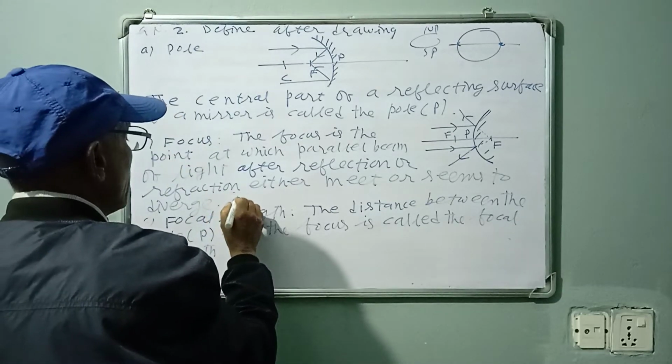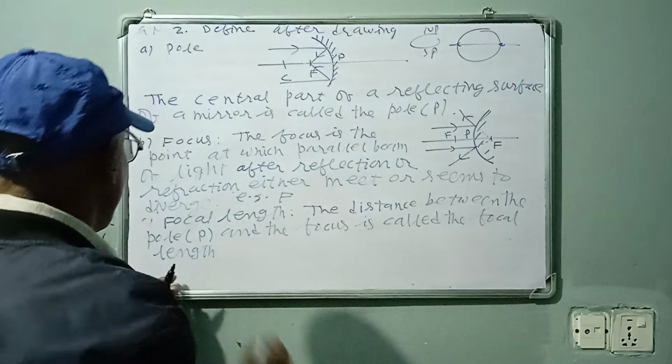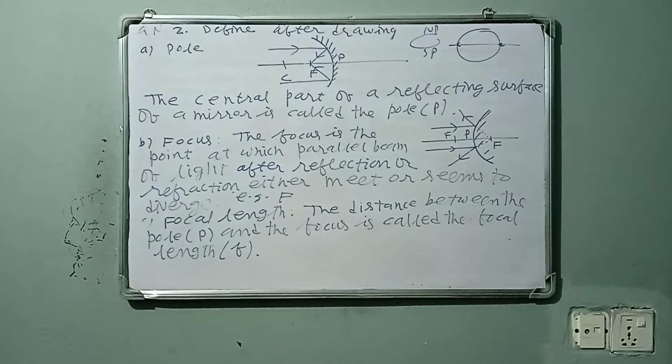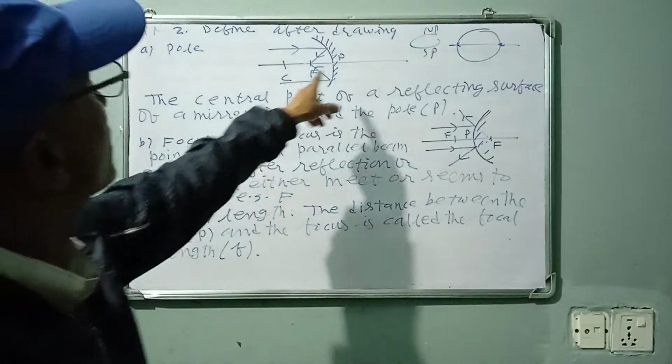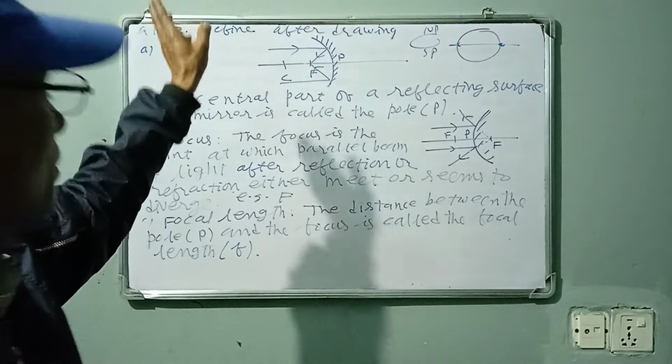It is denoted by F here. Capital F is the focus. Small f is the focal length. What is the difference? Capital F is the point focus. Small f is the focal length. PF, the distance between the pole and the focus, is called the focal length.